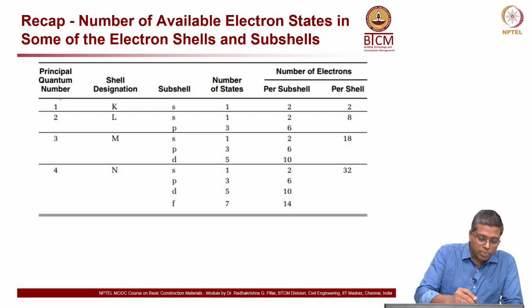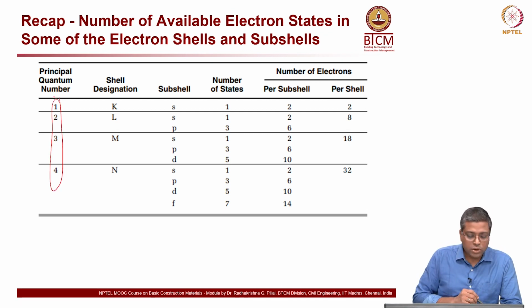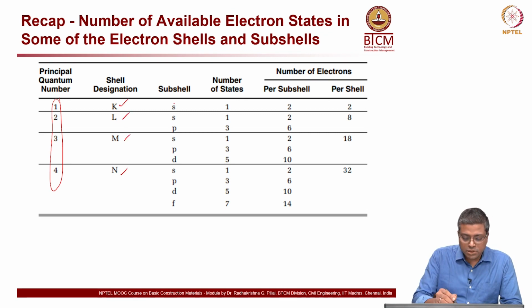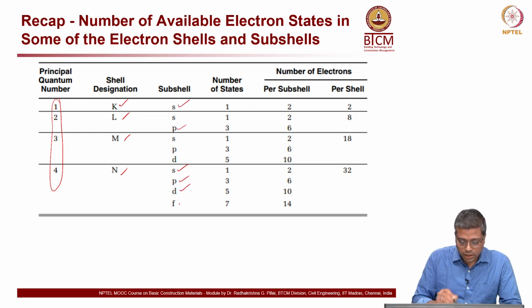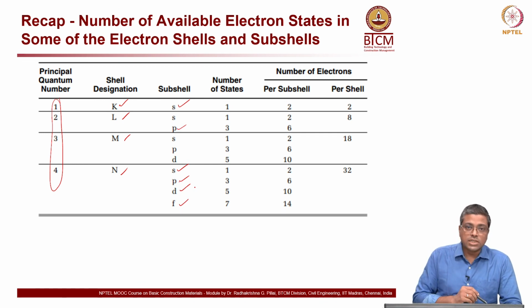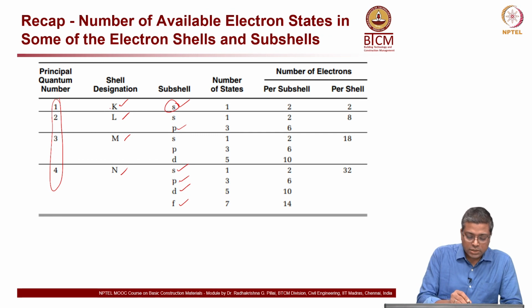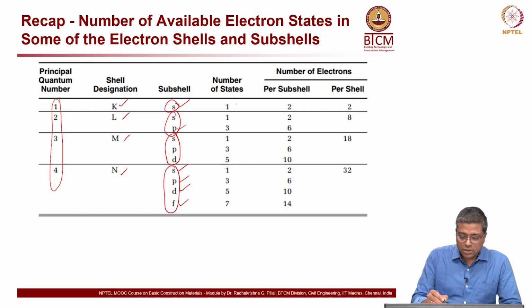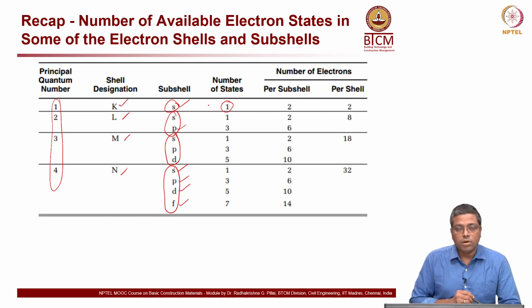There is something called the principal quantum number, where we talk about 1, 2, 3, 4, and there is a designation given to each shell, which are K, L, M and N, and then there are subshells which are S, P, D and F. In the first shell you have only the S subshell, in the second shell you have S and P, in the third one you have S, P and D, and in the N shell you have S, P, D and F. Now, you can see the number of states, and then you have the number of electrons per subshell and per shell.